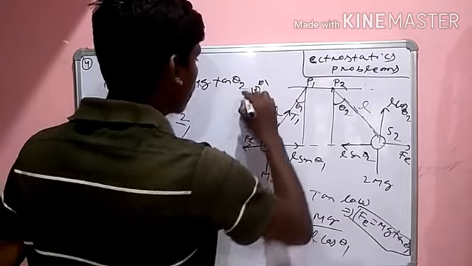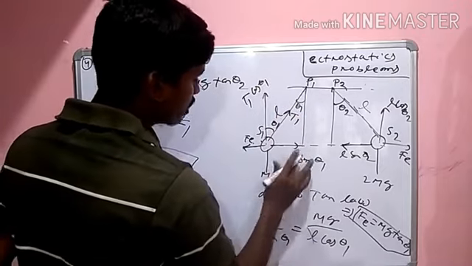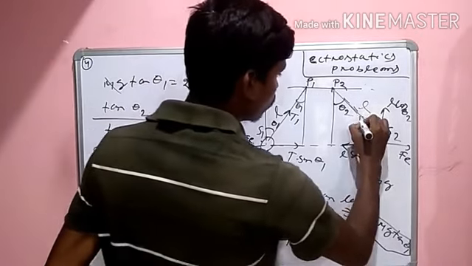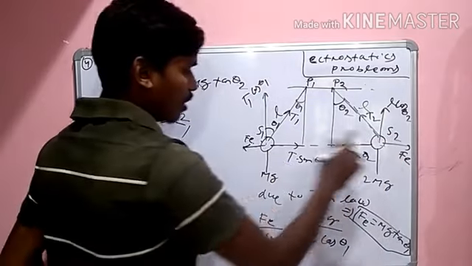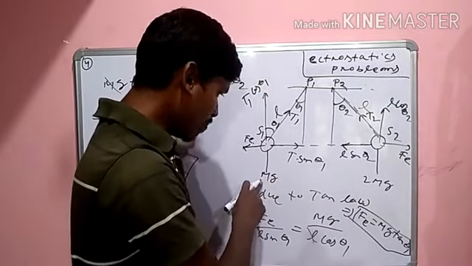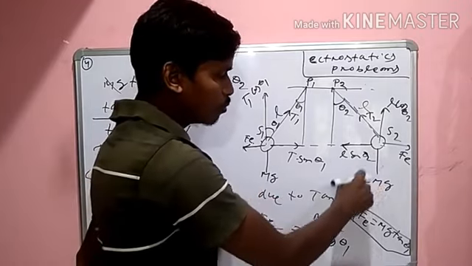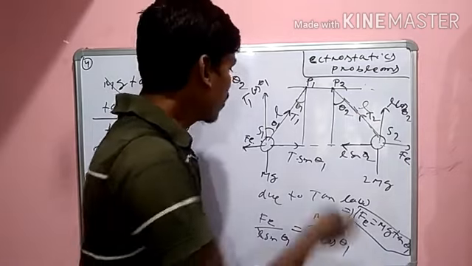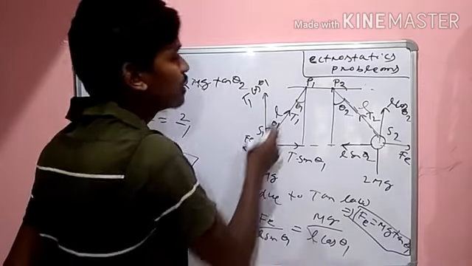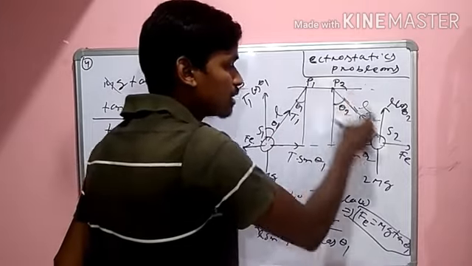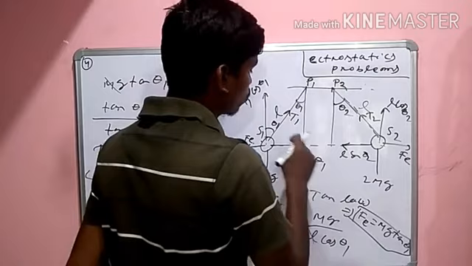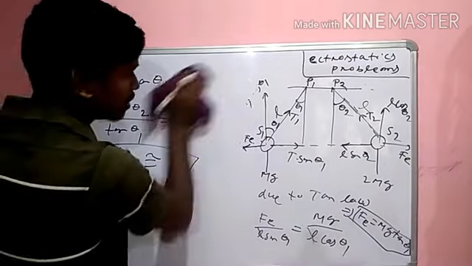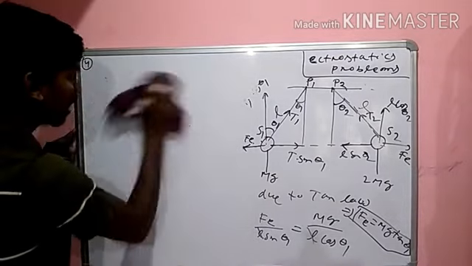This is T1 cos theta 1. This is T1 sin theta 1. Yes or no? Similarly, this is the tension T2, because this has mass m, weight mg, and this has 2mg. So here the tension in this thread is different from this thread. So that's why this is named T1 and this is named T2. So T1 and T2. Here in the first case, the S1 case, it's another method. Listen, another method.